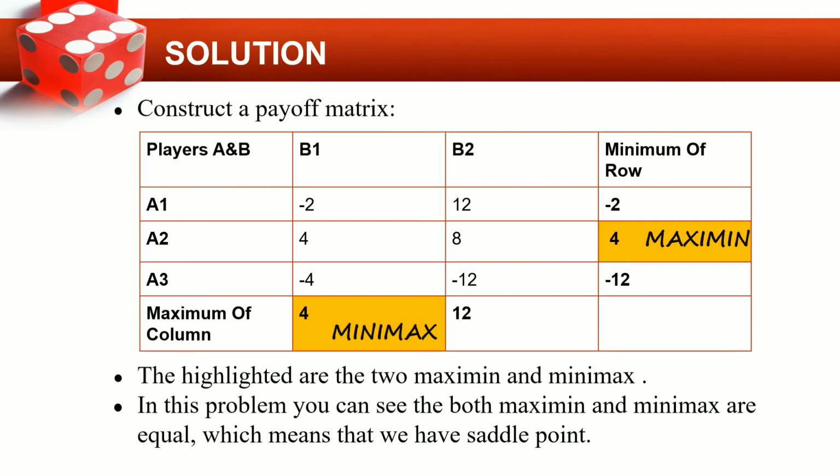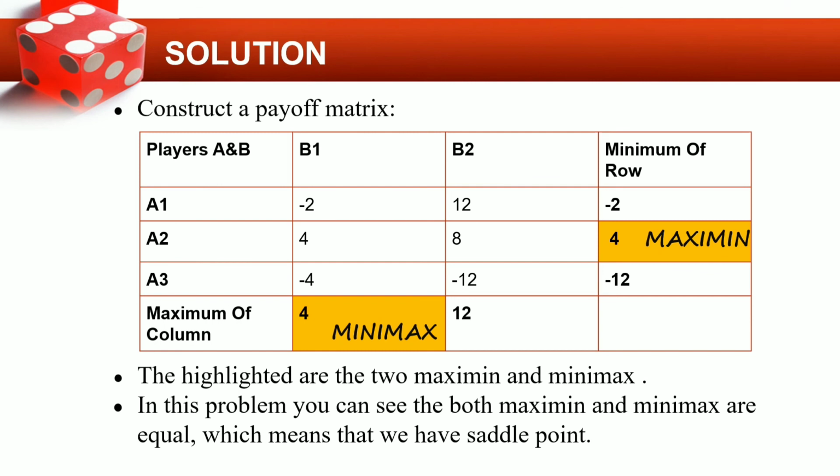Now you can see that Maximin is equal to Minimax. So the value of Maximin is equal to 4 and Minimax is equal to 4. Since both are the same in this problem, it means that we have a saddle point.